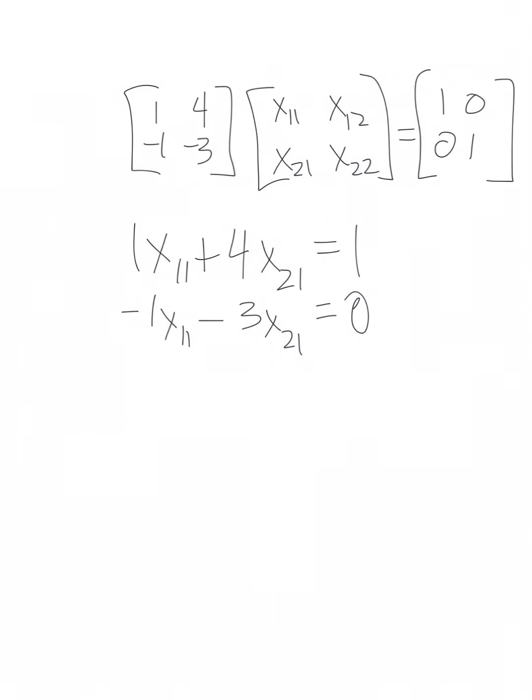If we now do row 1 times column 2, that would be 1 times x12 plus 4 times x22 equals entry 1,2, which is 0.